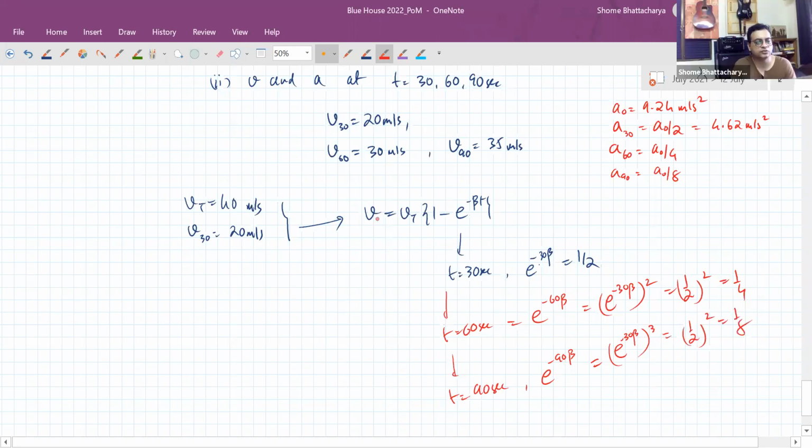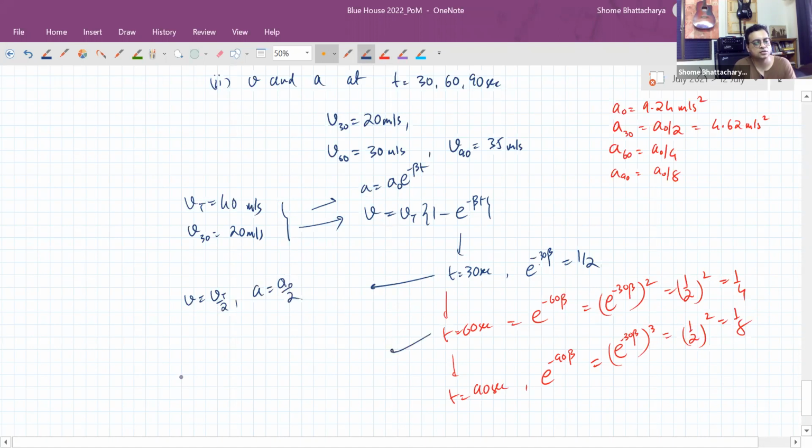So you can see how your velocity will be going, and your a is basically a equal to a naught e raised power minus beta t. At 30 seconds, your v will become half of terminal velocity and your a will become half of a naught.